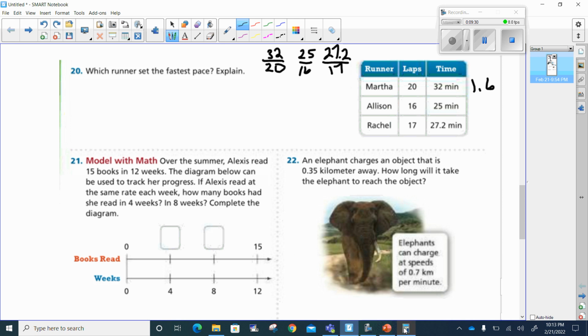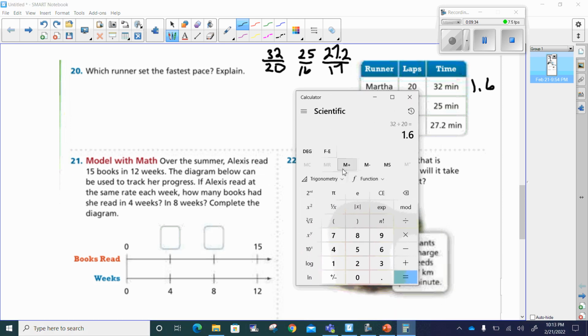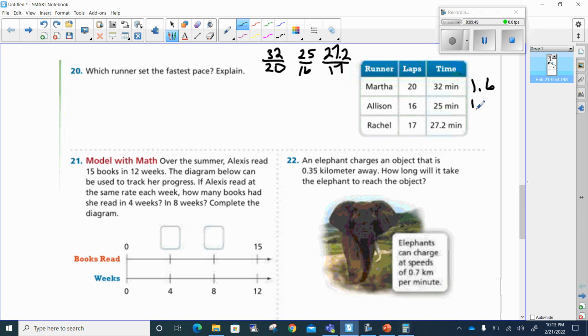All right, let's try Allison's. Allison does 25 minutes in 16 laps. So that's 1.5625. And then we have Rachel last.